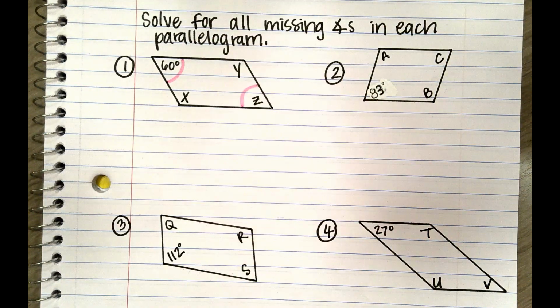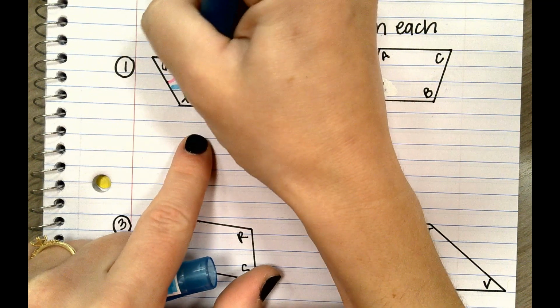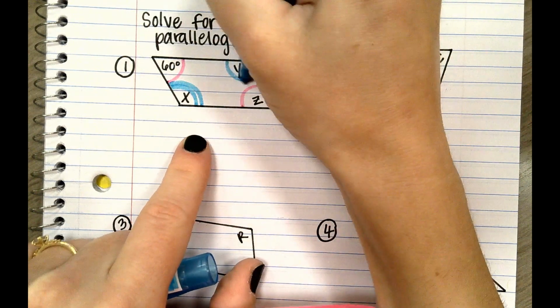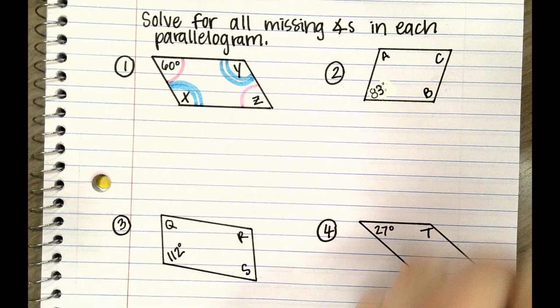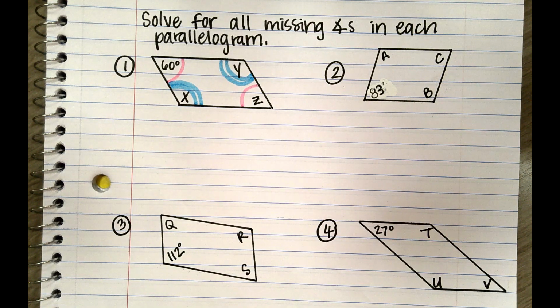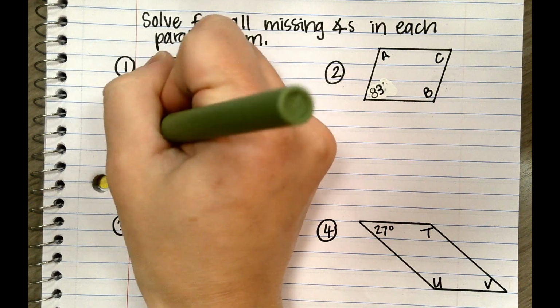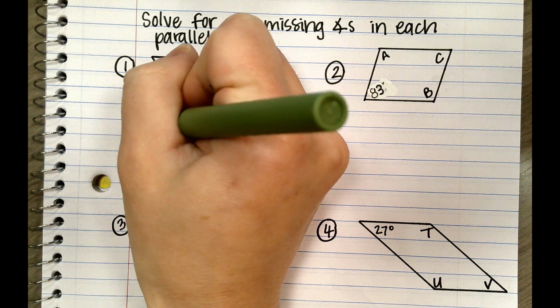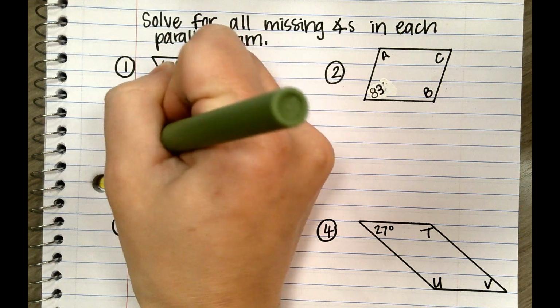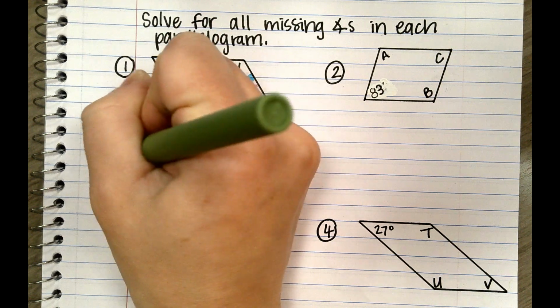The other pair, X and Y, are also opposite, so they will be equal to each other as well. Now, I'm going to go ahead and write down here angle X, angle Y, and angle Z.